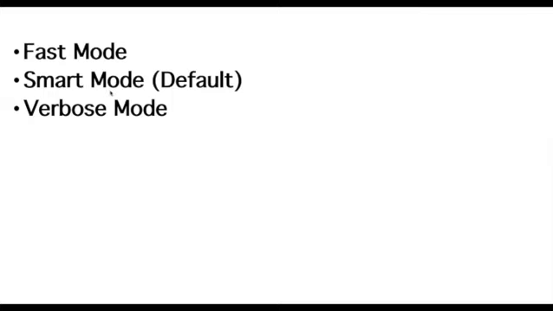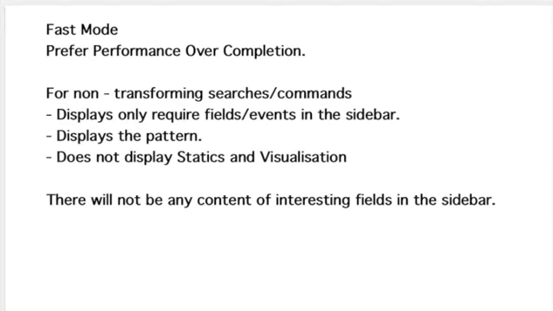Let's learn about fast mode. What is fast mode? Fast mode generally prefers performance over completeness. As the definition makes clear, it always runs very quickly and doesn't bother about completeness. There are two types of commands: transforming and non-transforming.